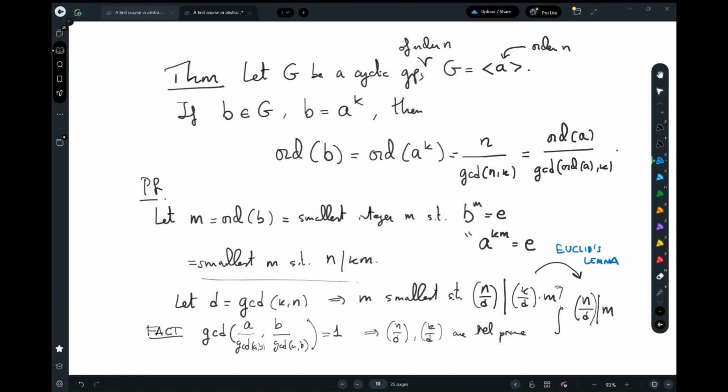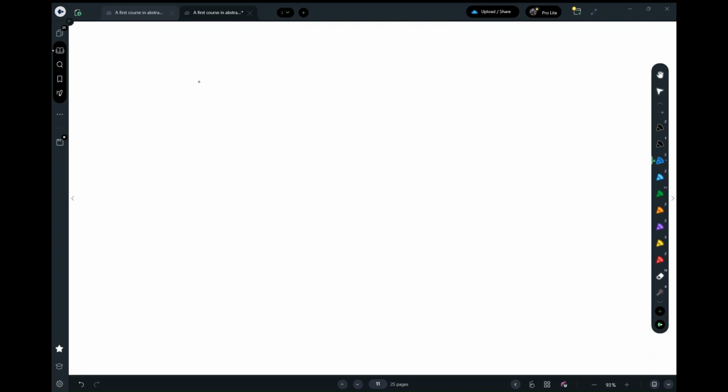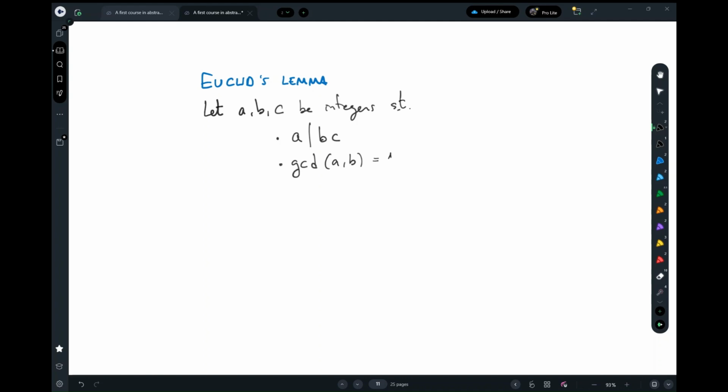But let me actually state it here, Euclid's lemma. It just says that, let A, B, C be integers such that A divides BC, and the GCD of A and B is 1, then A divides C. Okay, C is a multiple of A. That's the result.